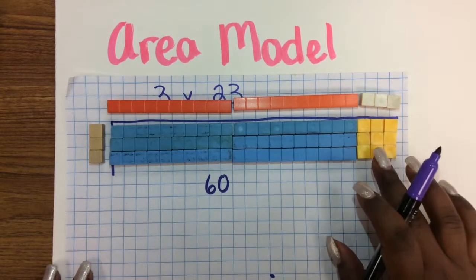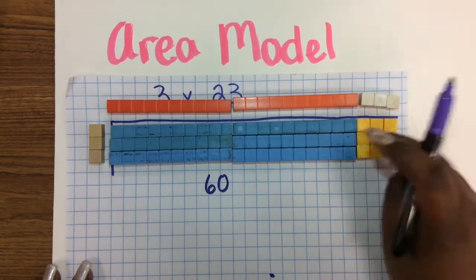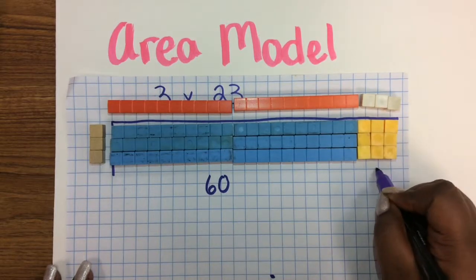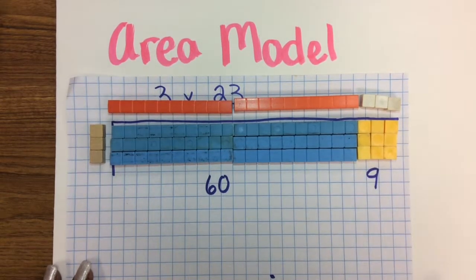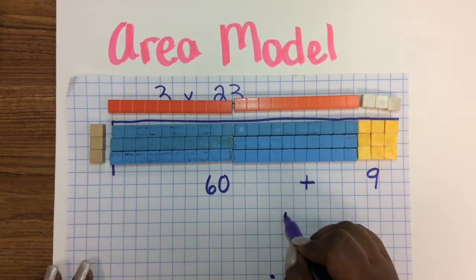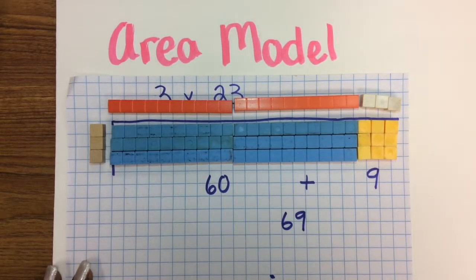We have how many over here? We're counting by 3. 3, 6, 9. We have 9. We put them together and we get 69. So this is the area model in a concrete way.